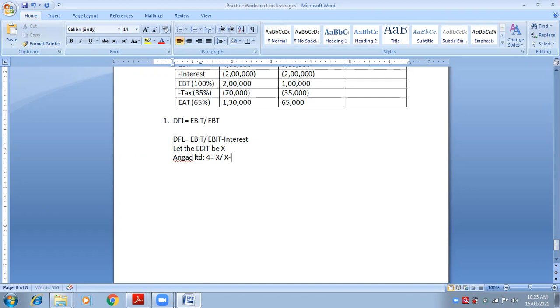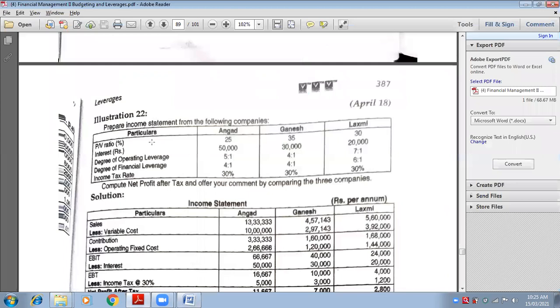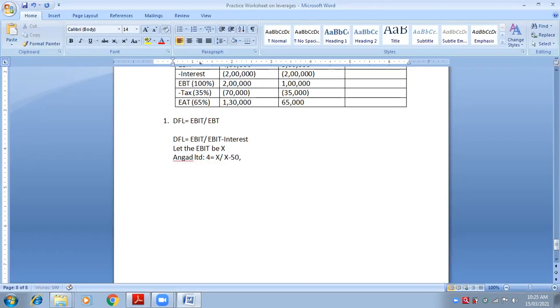X minus, what is interest in case of Angad Limited? 50,000. Yes, you need to be quick. Okay. Now see, this is divided by X minus 50,000, which will come to the opposite side of equals to sign and be converted into multiplication sign.